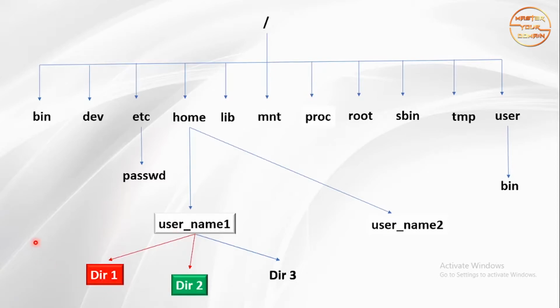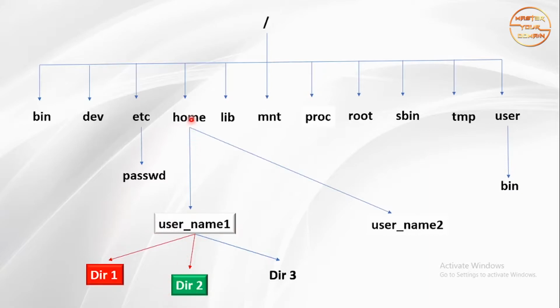And there is an absolute path, which means the specification of the path with respect to the root. So in the absolute path we start from the very beginning, that is from the root, and then go down to that particular directory. For dir2, the absolute path is first root, then home, then a delimiter, which is / for Unix, then username1, then again a /, then dir2.